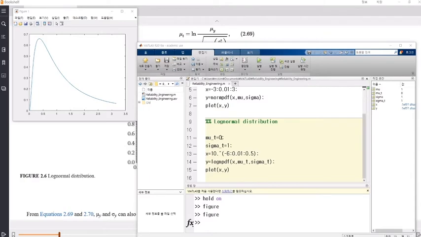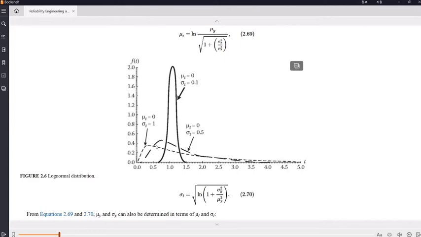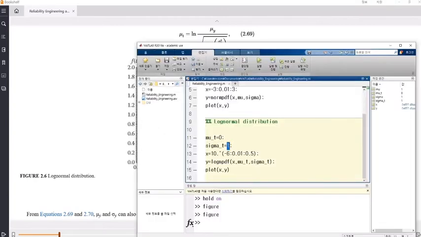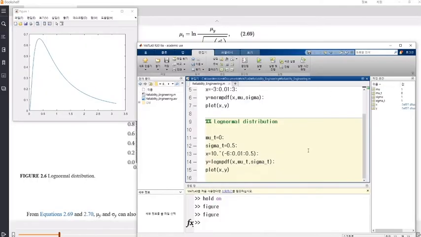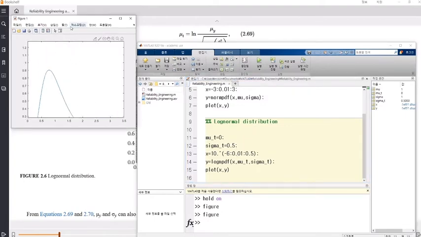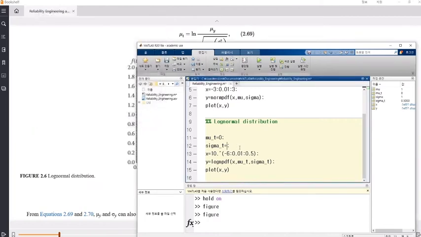And if we change, in our textbook there is another case, when sigma t is 0.5. Let me try this one more time.